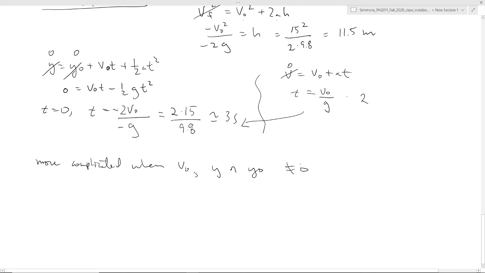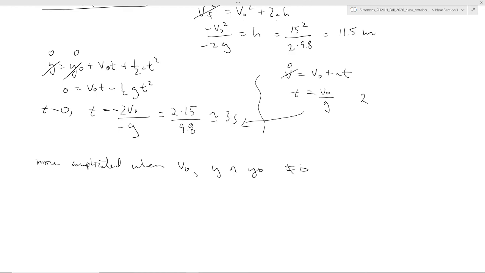In that case, you'll have something that has t squared and constant terms, and then it will become a quadratic. So we can talk about that, and you will see that in your homework. We'll talk about this especially with regards to projectile motion.